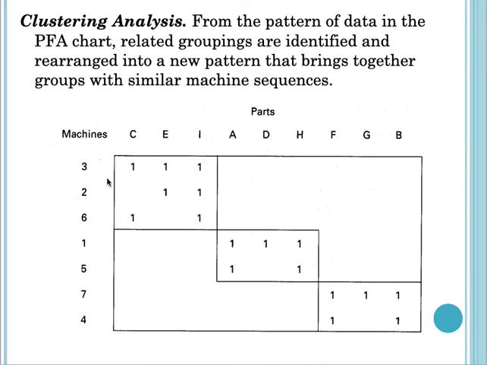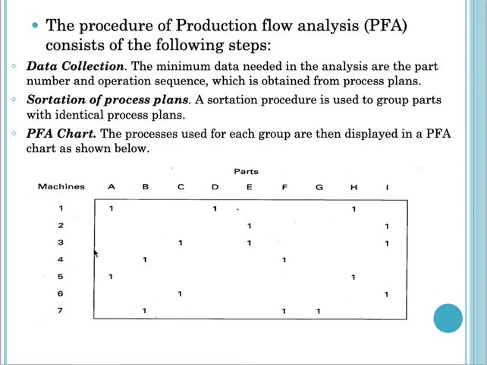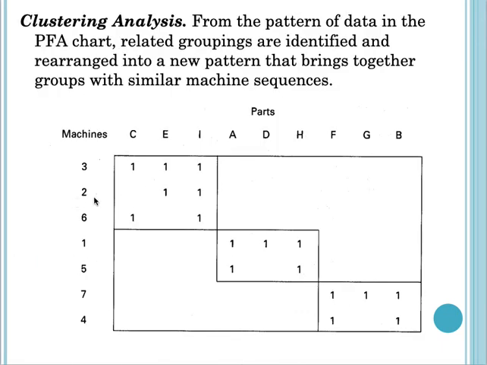So as we have seen here, suppose machine three has C, E and I, and machine two has E and I. Whether you put this here or this first, actually, where we get the maximum, we need to put them in a grouping manner.